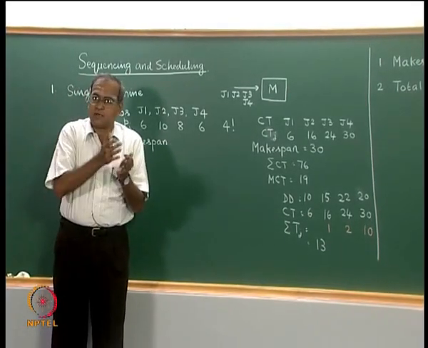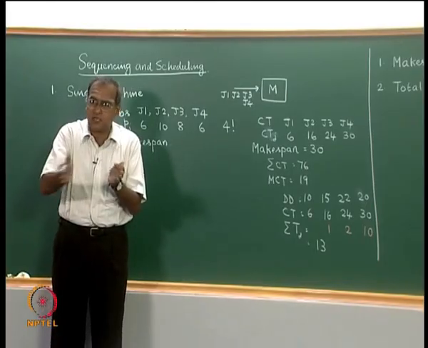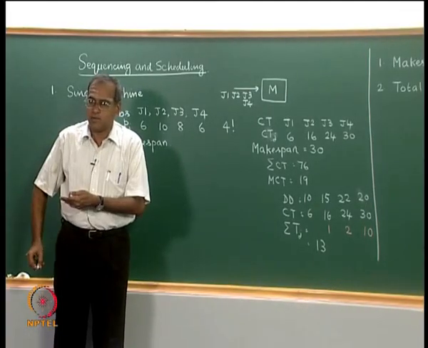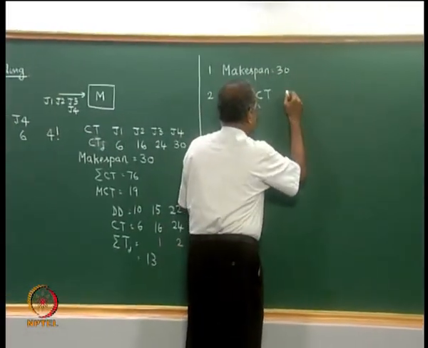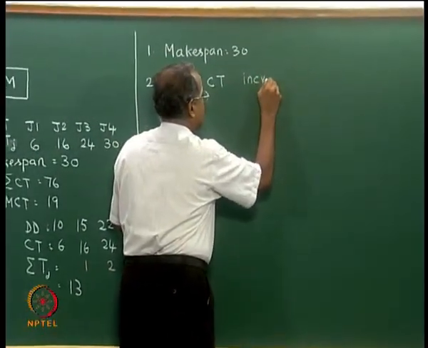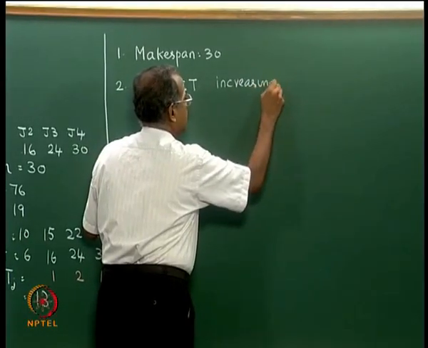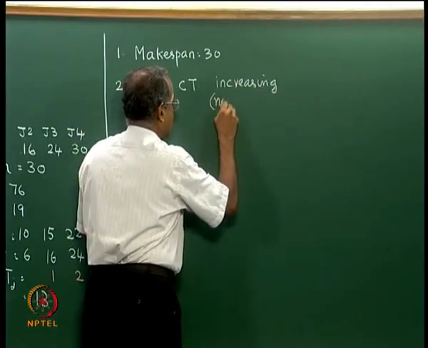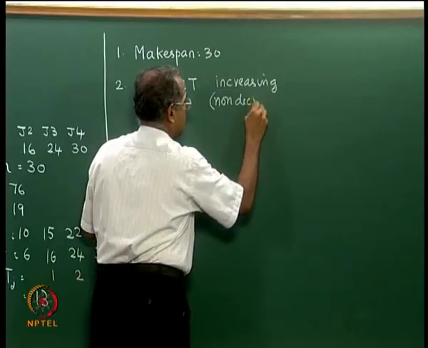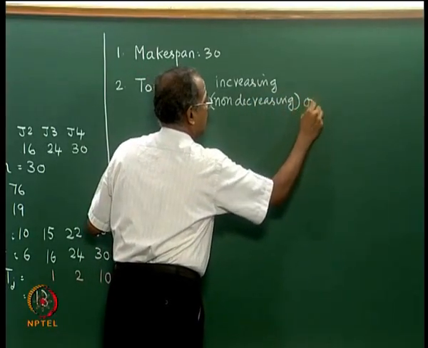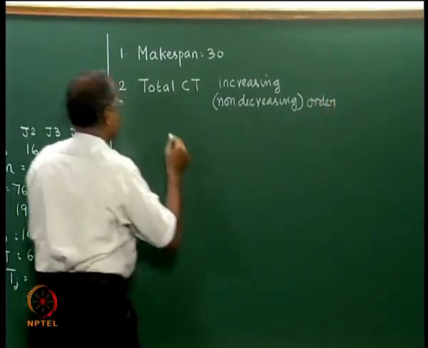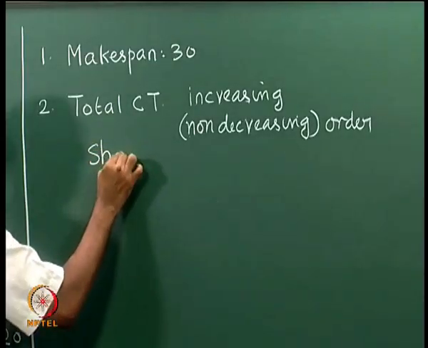The next smallest comes second, which contributes in 3 of the completion times, and so on. Therefore we arrange the jobs in increasing order of processing times, or in general non-decreasing order of processing time. And this is called shortest processing time.